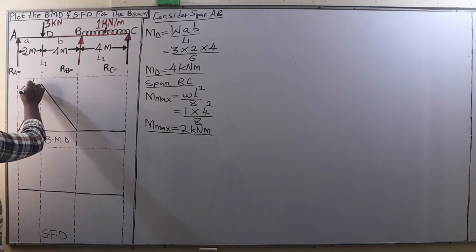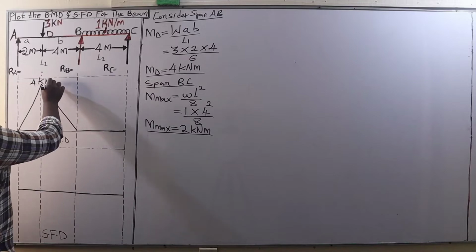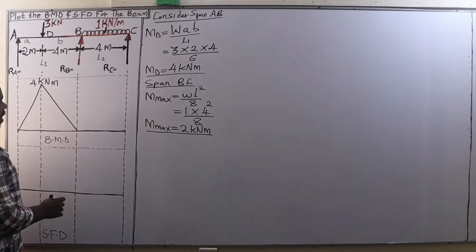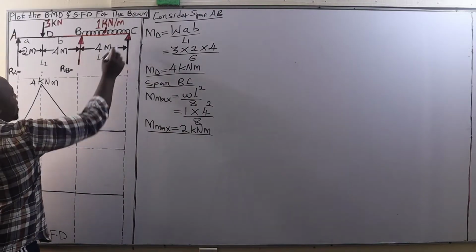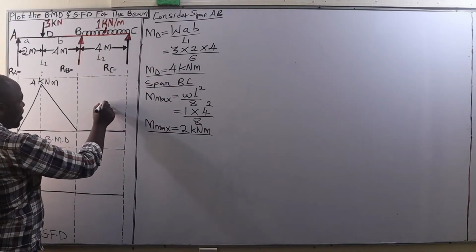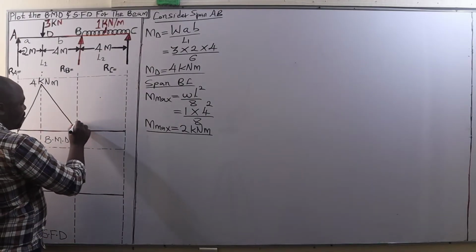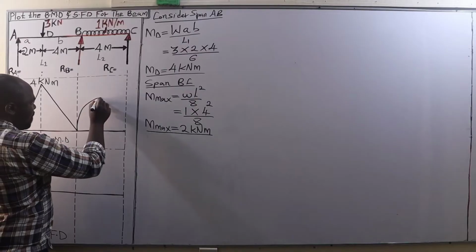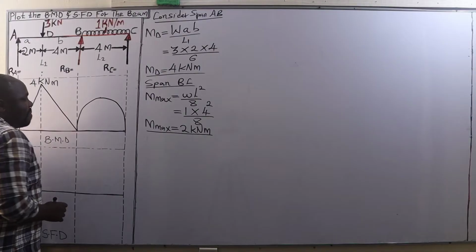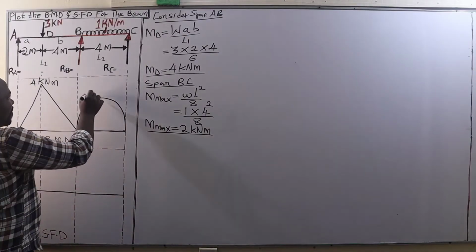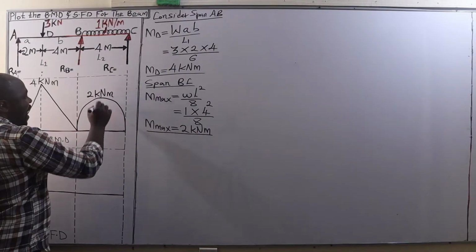So the apex of this triangle is 4 kilonewton meter. Then the maximum bending moment between B and C is 2 kilonewton meter, approximately at that point. This is going to be a smooth curve, because when we have a UDL, the B.M.D is usually drawn as a smooth curve.